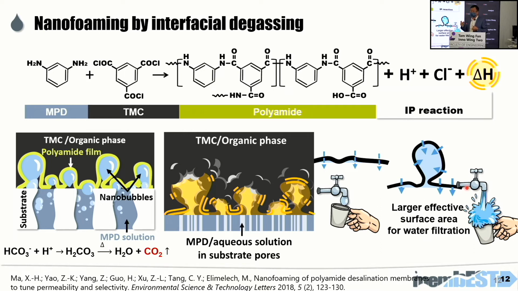In addition to bicarbonate, we can also use volatile co-solvents. Because of the heating at the interface, if we have something like acetone, the acetone will be vaporized. That can also help us produce this kind of roughness structure.